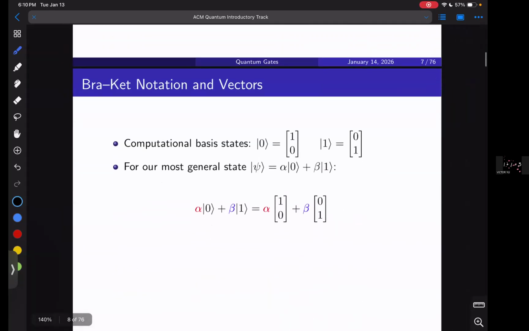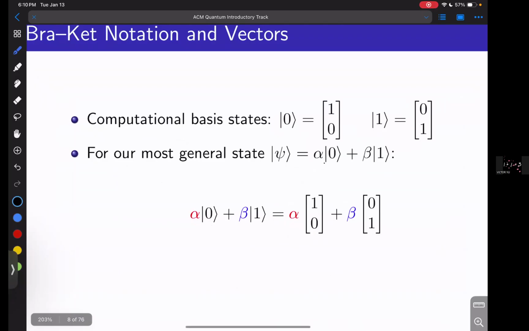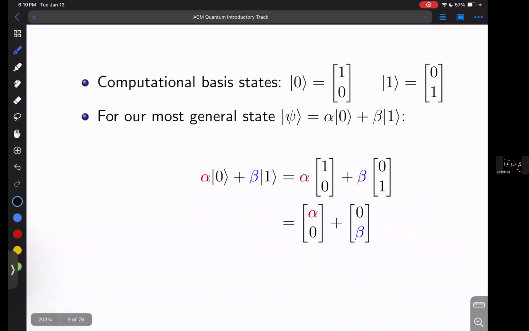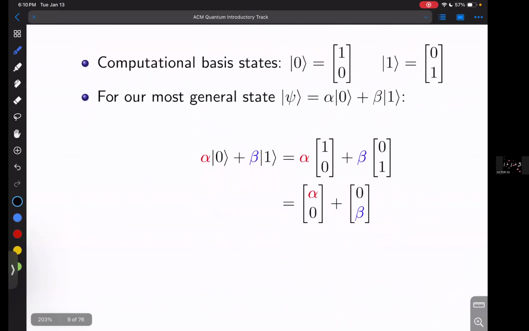And we said that a general state is a superposition of the two. So if we want to convert that to vector form, then we can just convert the 0 into this vector form, and then the 1 into this vector form. And then when we multiply this alpha into this vector, you multiply each component of the vector by alpha. So then you get this alpha, 0. And the same thing with beta.